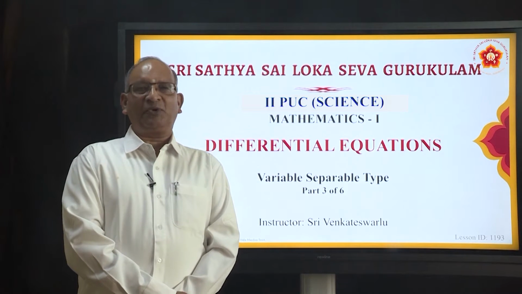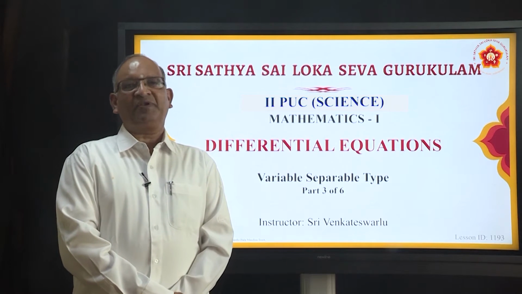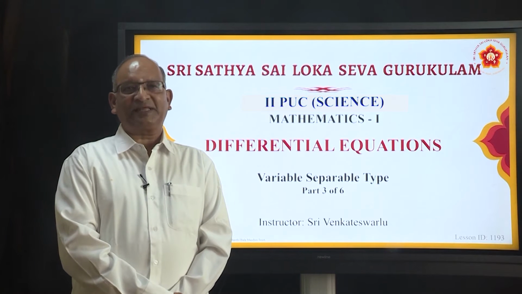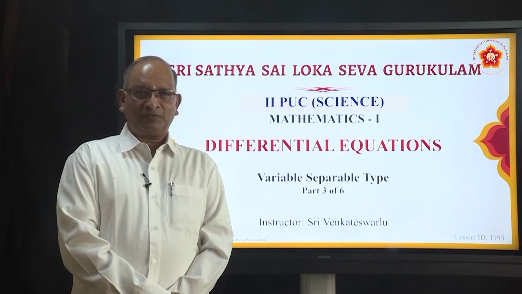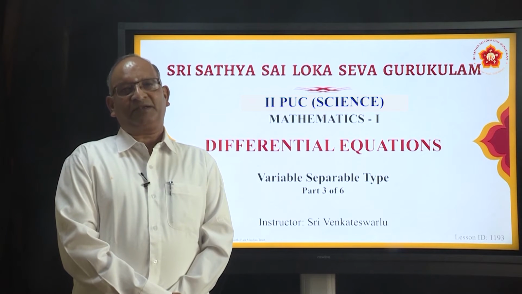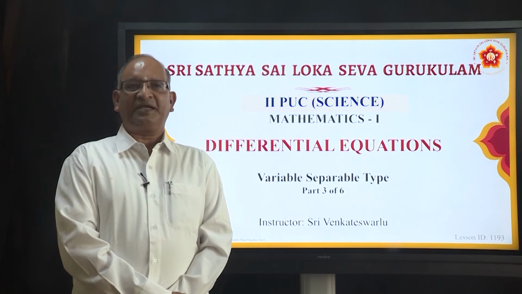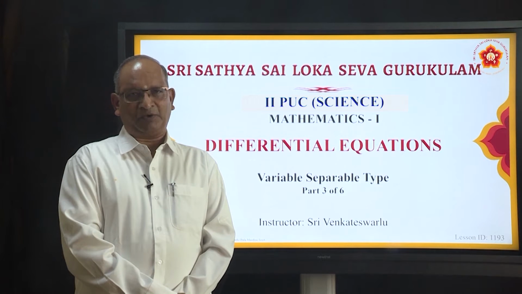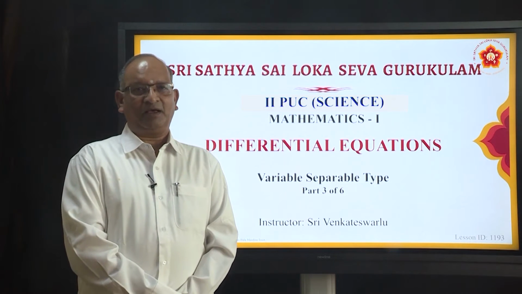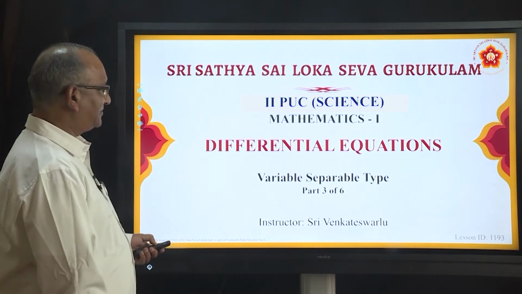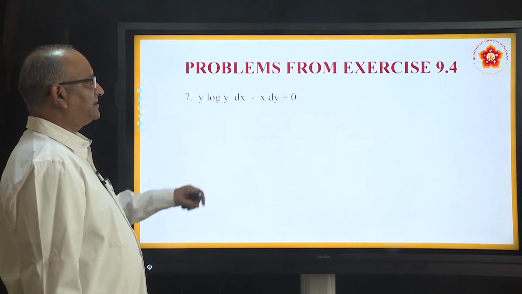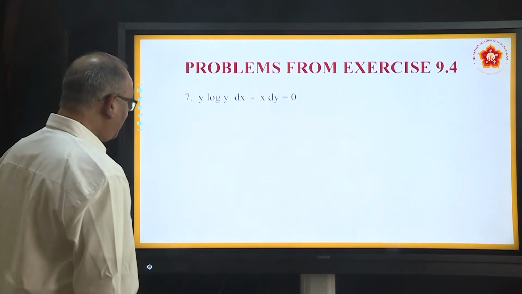We solved a few problems yesterday and we will continue with the fourth exercise problems today. We are not learning anything new, just that we are going to take up some difficult problems. So, let us begin with the next problem of the exercise, y log y dx minus x dy equal to 0.